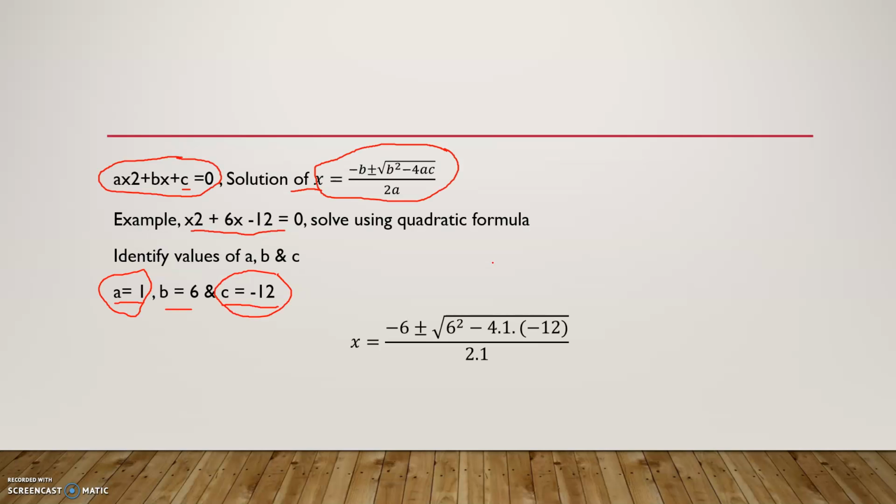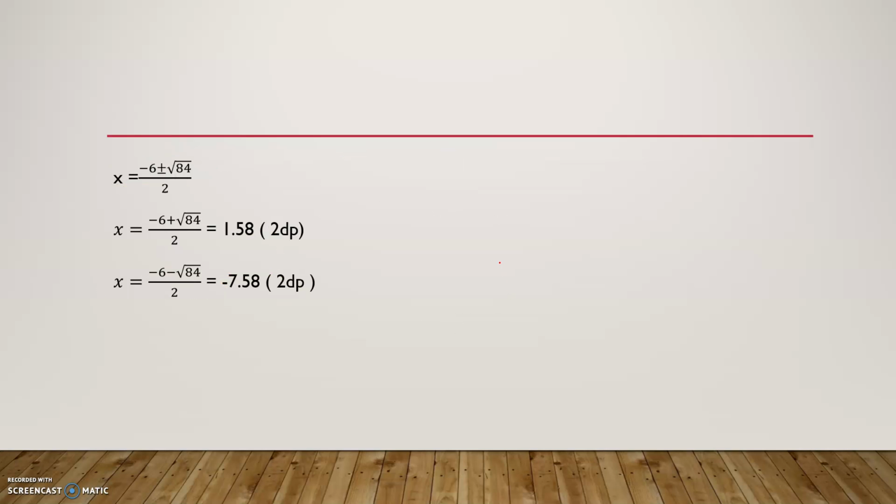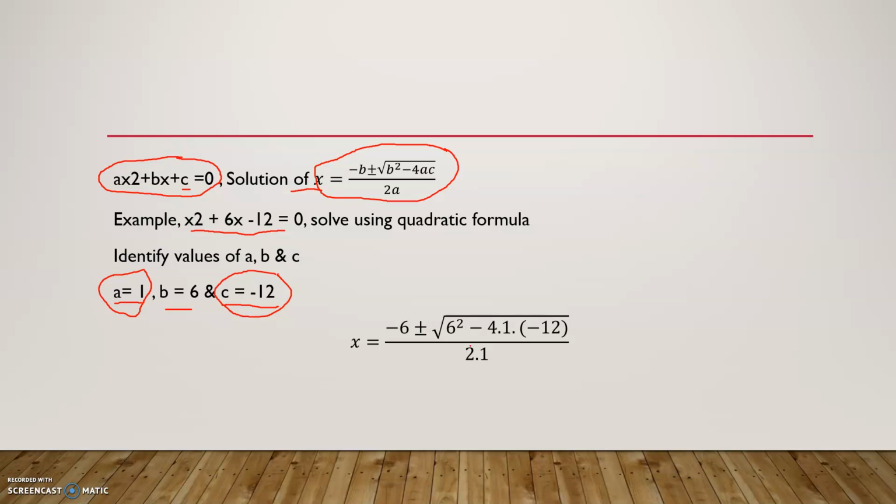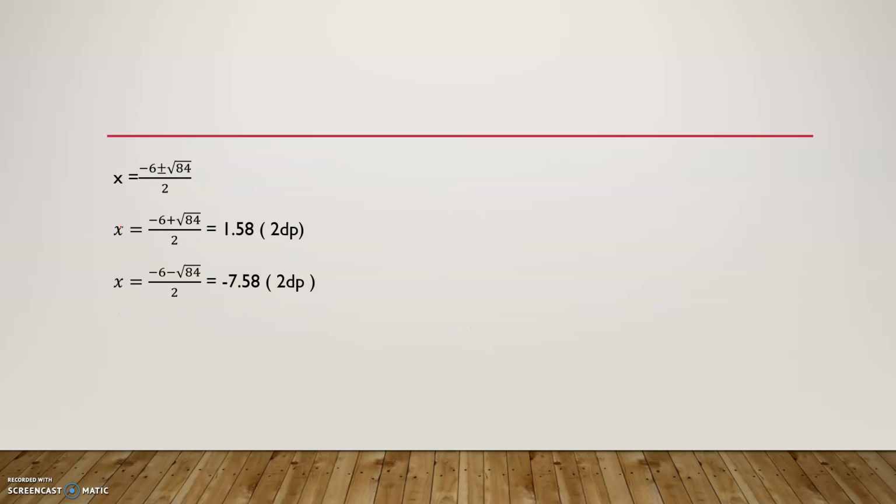Now we do a bit of simplification here. So we'll have x equals minus 6, and if you work this out, that will be 36 minus 4 times minus 12, that will be 48, so plus 48. So 48 plus 36 is 84.